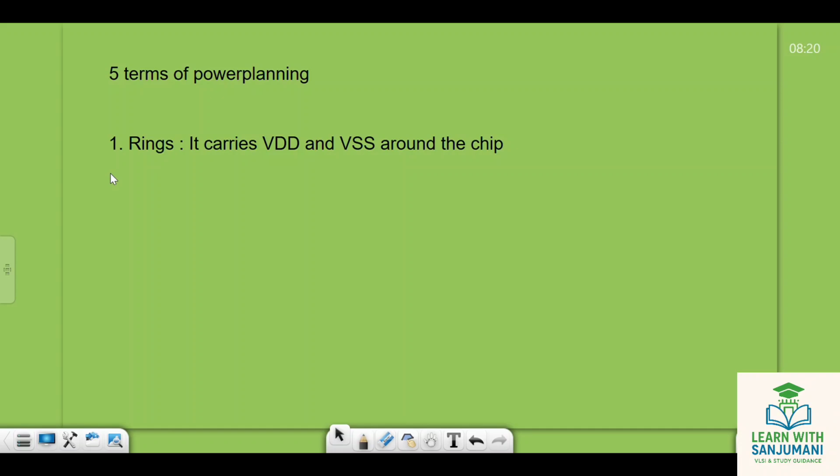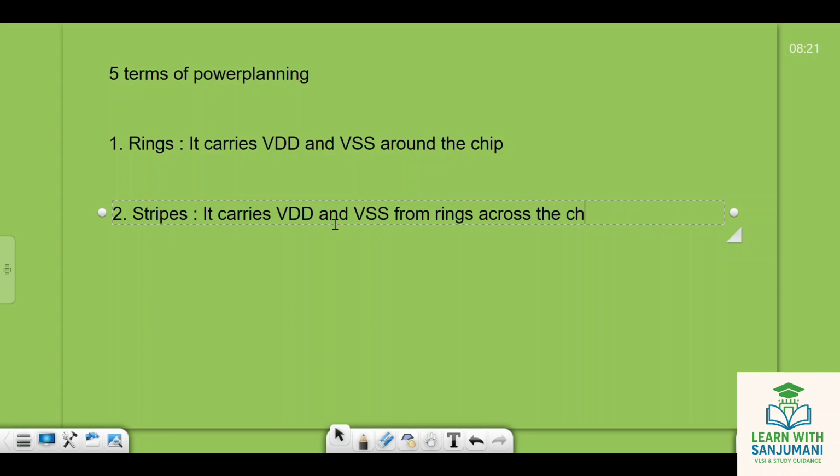Now the second one, stripes. What is meant by stripes? It carries VDD and VSS from the rings across the chip.